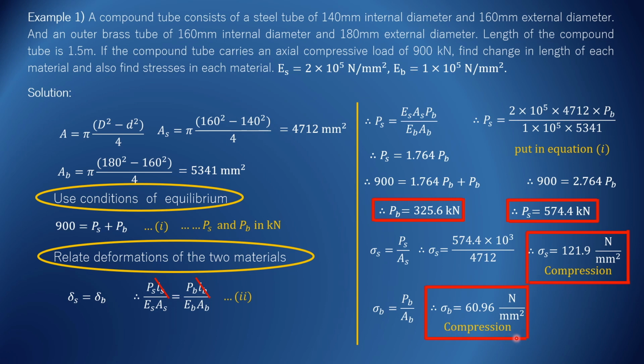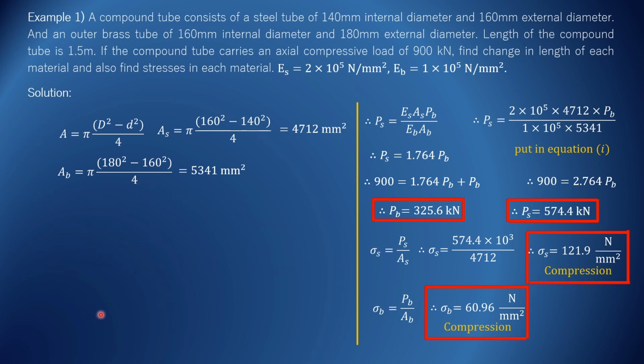Okay. Now we'll find the deformation. Simple. Deformation is PL by EA. But remember, deformation of the two materials is the same in this case. So find either deformation in steel or deformation of brass. And of course, both these values are the same.